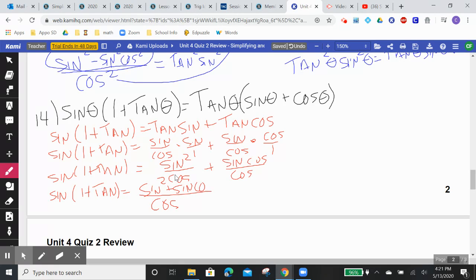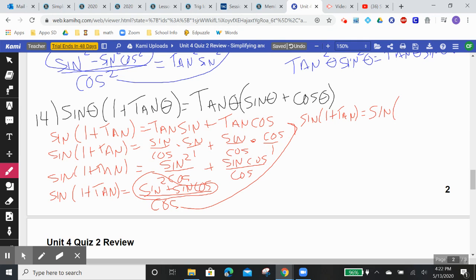So this is a lot like the last problem now, because when I look at this problem, I now look at my numerator here. What can I do in my numerator? I can factor out a sine. So let me bring this up here. So again, I have the sine 1 plus tan equals, if I factor out a sine, ooh, that looks good because I have a sine over there.